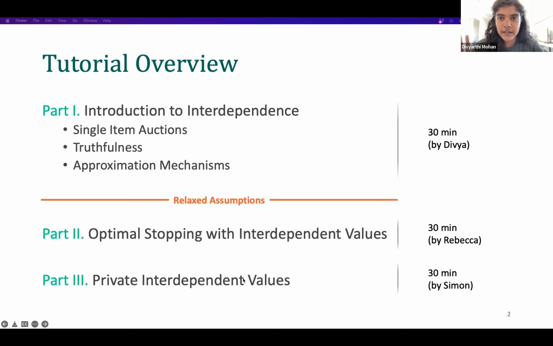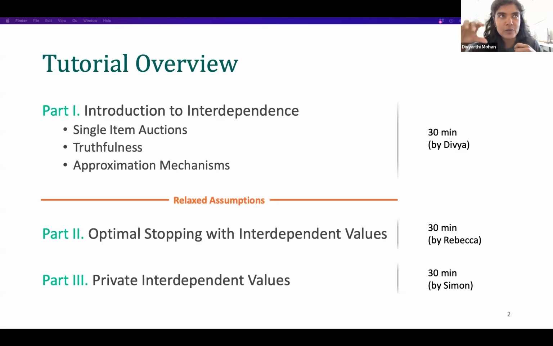There's going to be a 15-minute break after that, and then Rebecca and Simo will tackle more recent works where we look at even more relaxed assumptions in this base model that I introduced. Rebecca will consider what happens when the agents arrive online. So she'll be talking about optimal stopping with interdependent values. And Simo will then talk about the setting where the valuation function is also private.